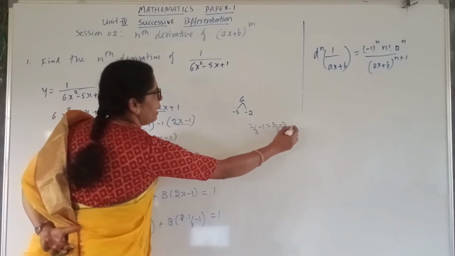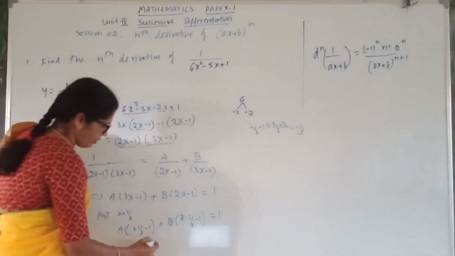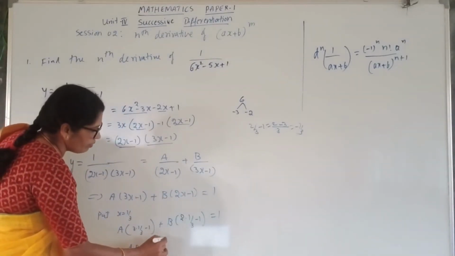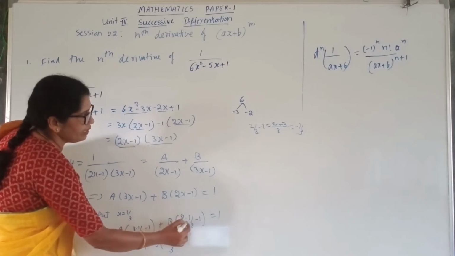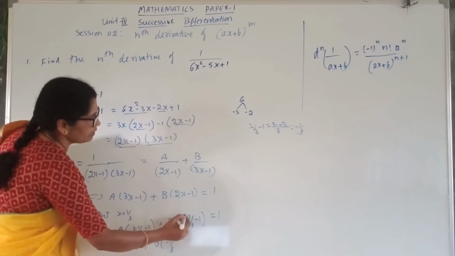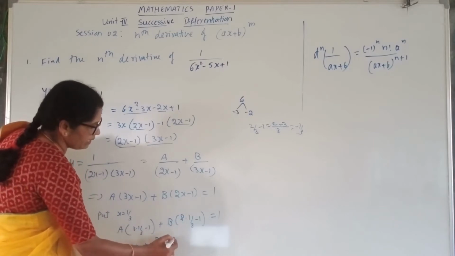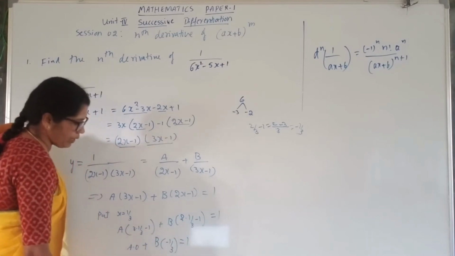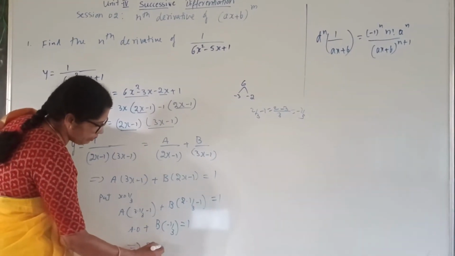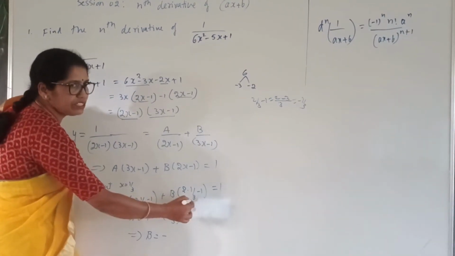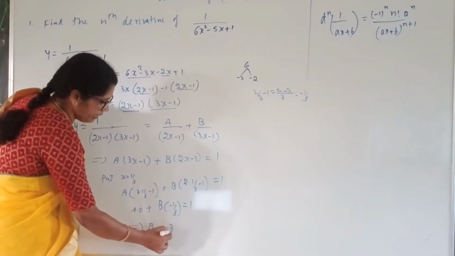So you will get minus 1 by 3. So plus b of minus 1 by 3 is equal to 1. So further this implies that b is equal to, when you transfer 1 by 3 to this side, you will get minus 3.